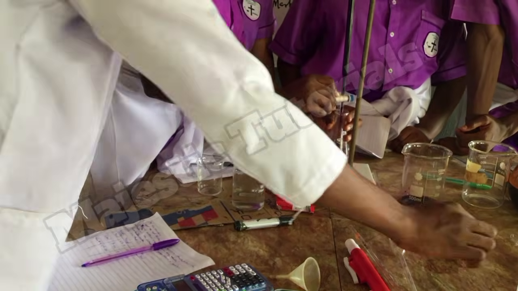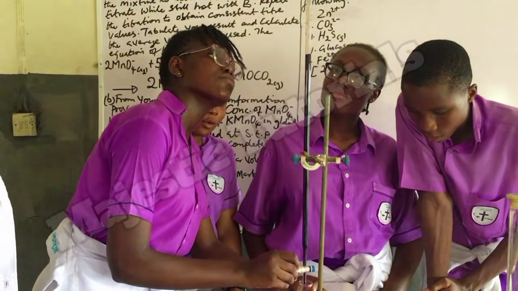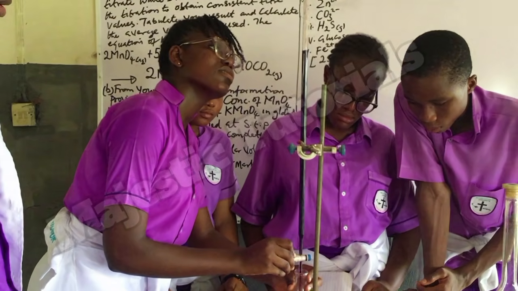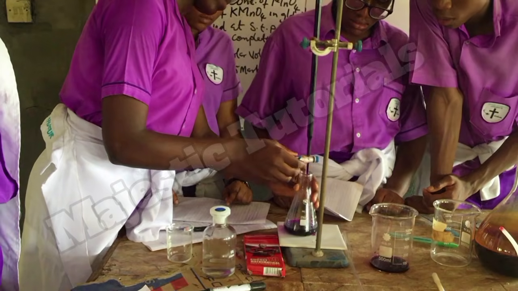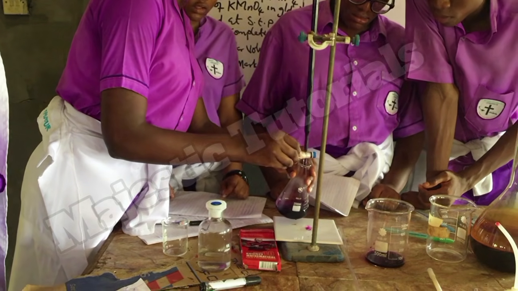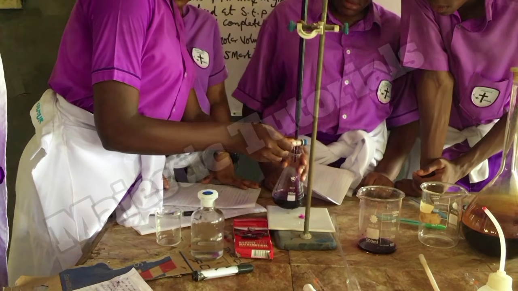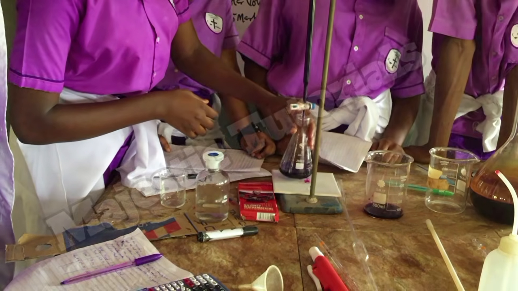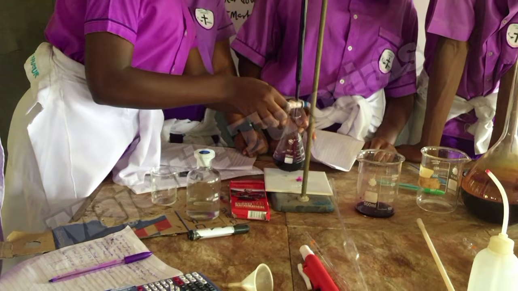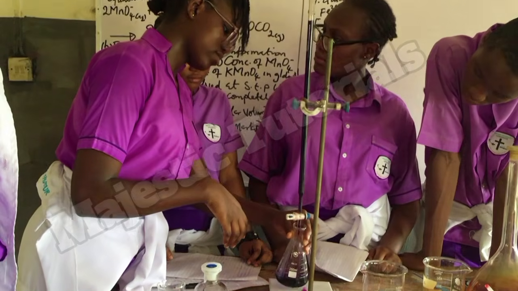You'll be told to titrate while warm. So the students are now titrating it. Because they have done their first titration, they already know the range, so they cannot just start shaking at a point. The challenge you have here is that it looks as if you have added excess KMnO4. No, immediately you add KMnO4, it will turn purple.